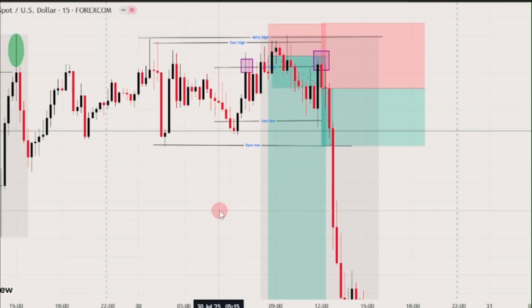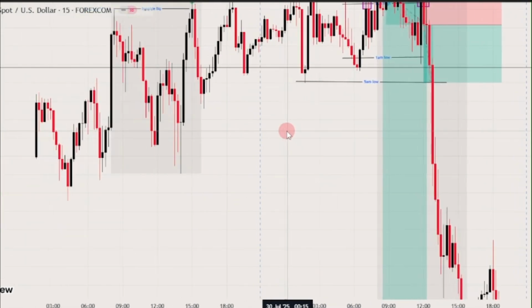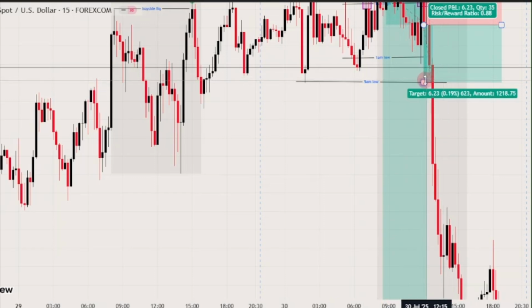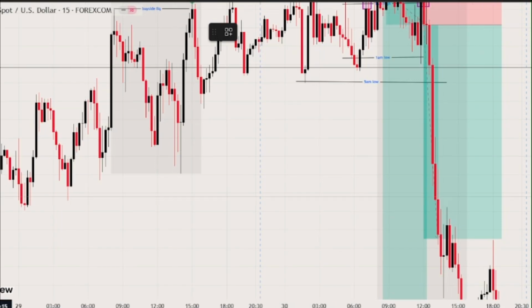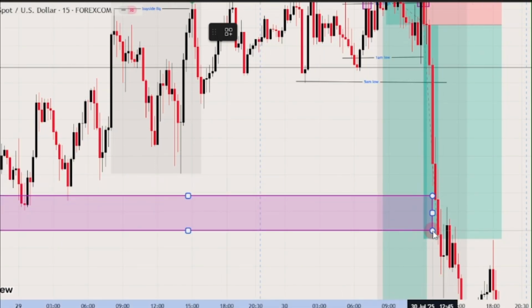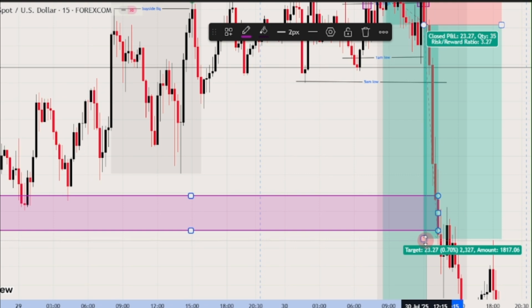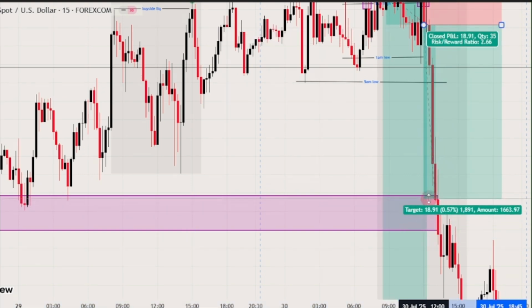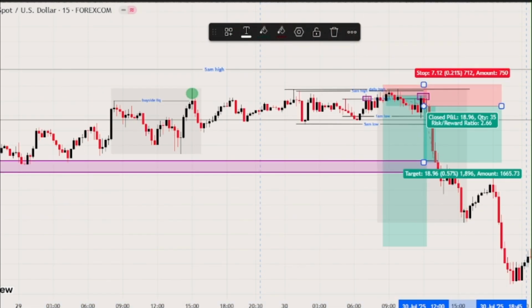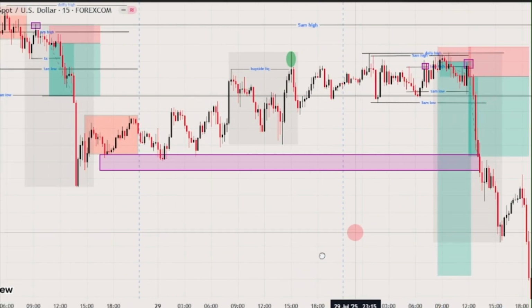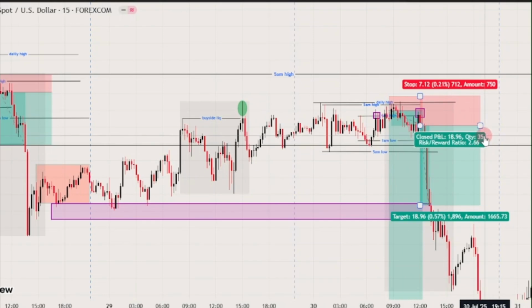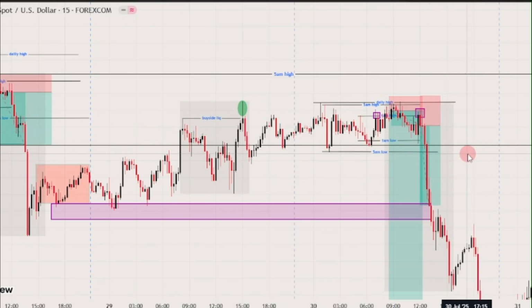The second trade's TP was under this overall low here, and you can see how price did.